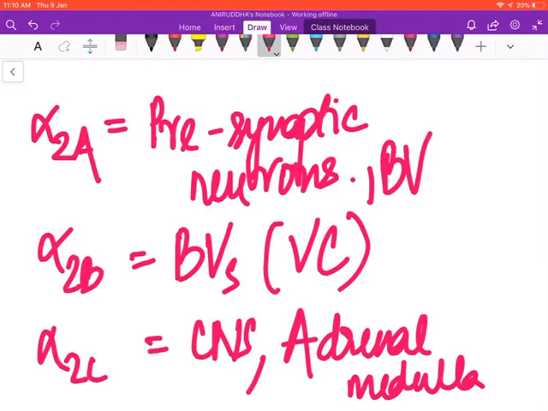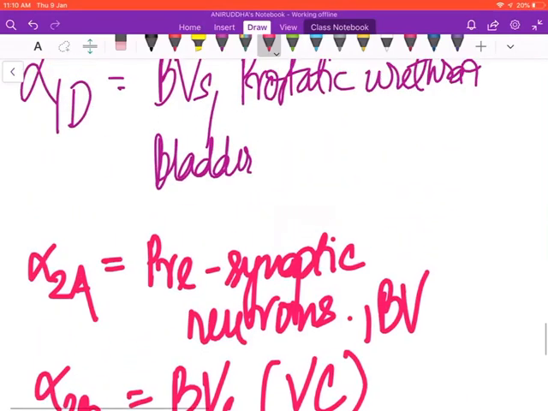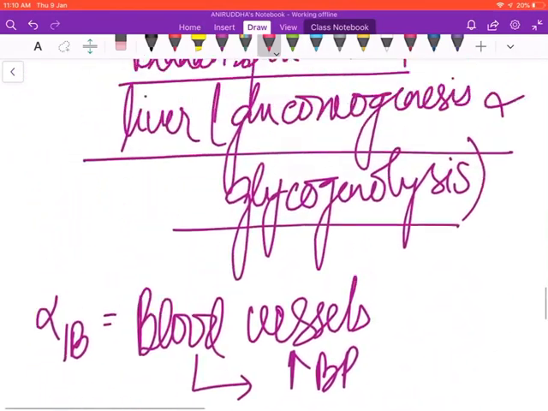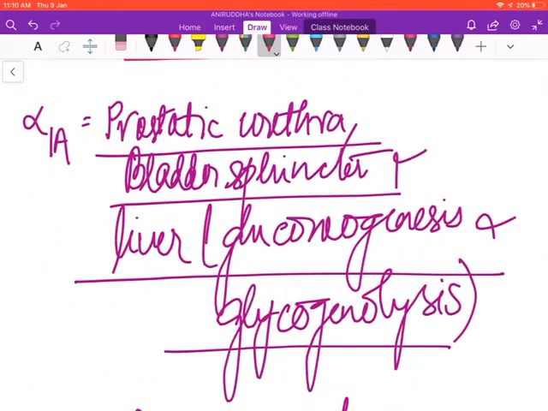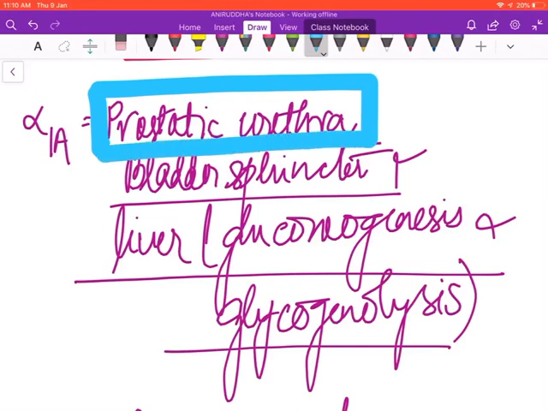Okay, so just from this you can understand that alpha 1A blockers may be used in case of BPH. You can also understand why in case of incontinence SNRIs are used.